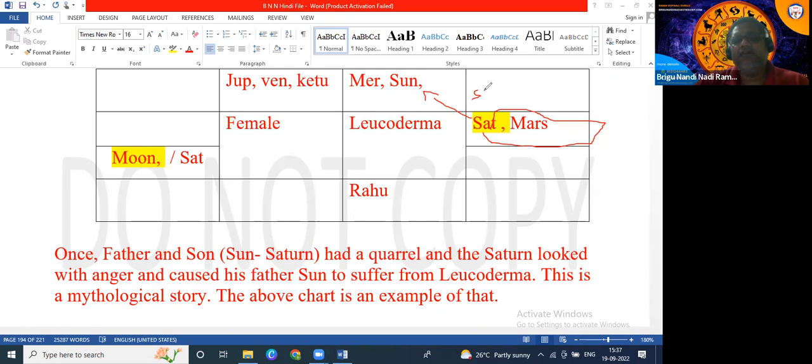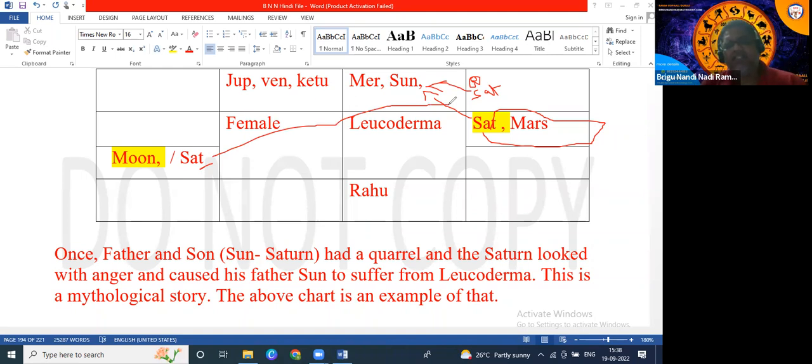It doesn't mean that everybody will get leukoderma. But here, for example, Saturn is retro, so it will aspect the Sun. If Saturn is retro and aspects Sun, or Saturn is in Parivartana Yoga, it goes to its own house.